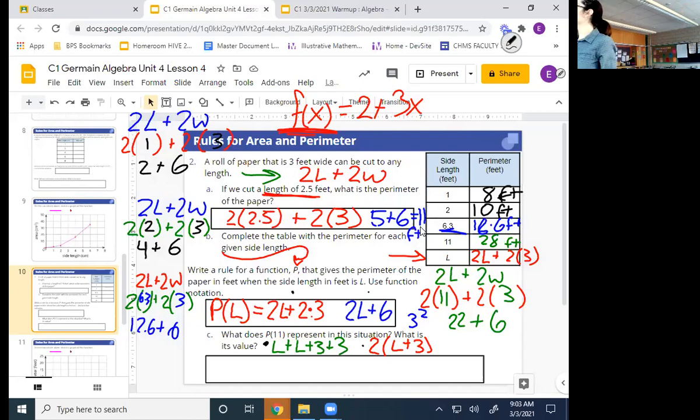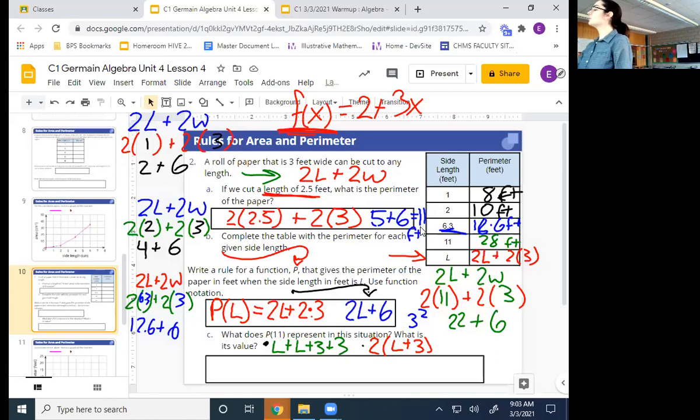Does it simplify to 2 L's plus 2 times your width? Or does it simplify for you in your brain? All of these are correct. All of these are perfect. It's just about how your brain simplifies it.